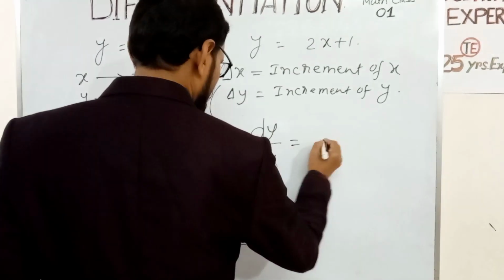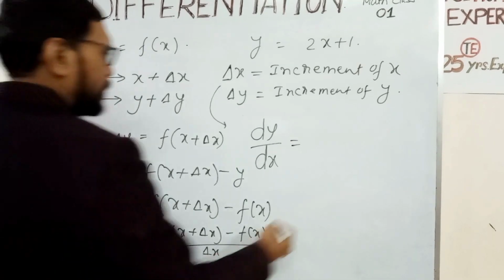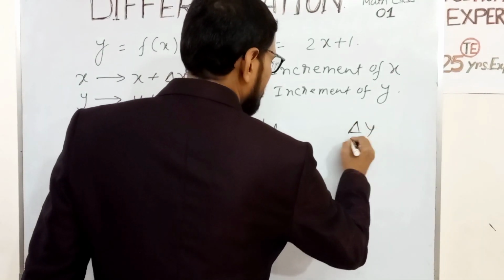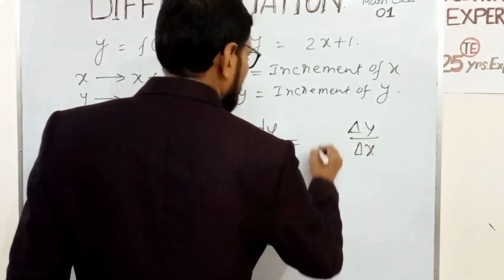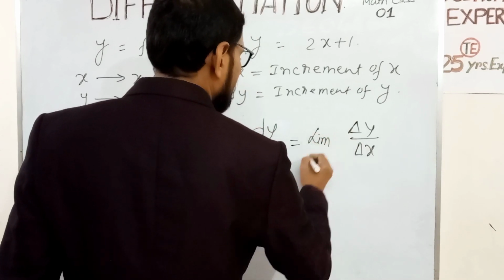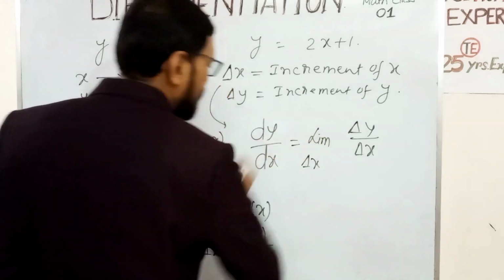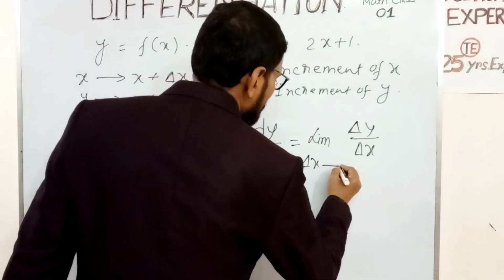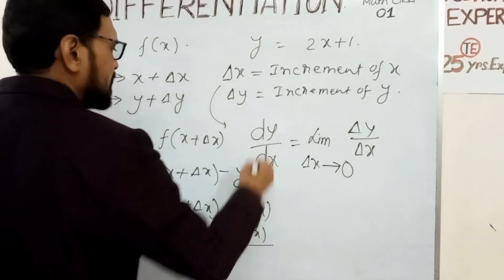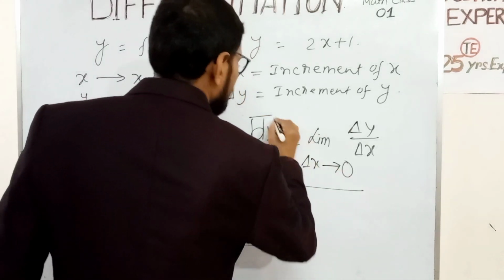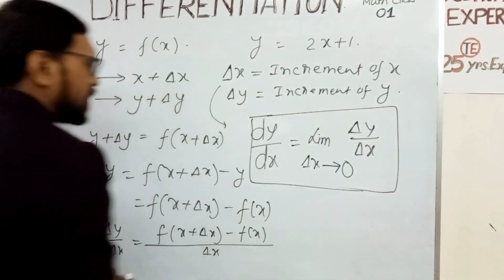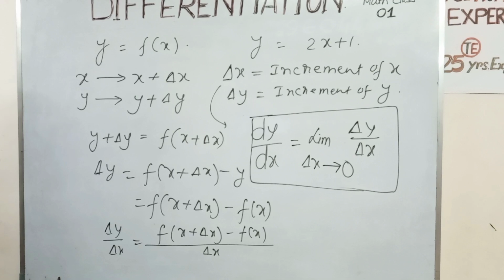This is nothing but the ratio of delta y to delta x, with the condition that delta x, that is the increment of x, tends to 0. This is the definition of derivative of a function or differential coefficient of a function.